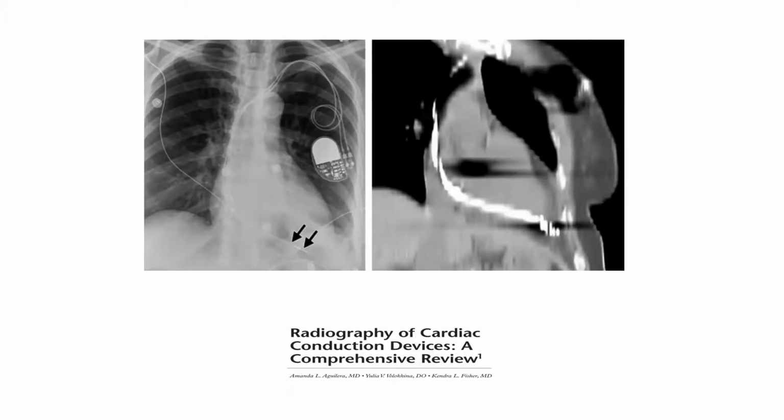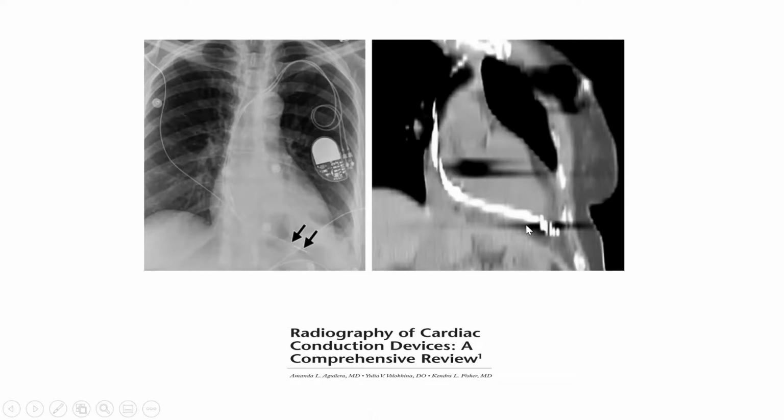And that's why you probably need to enhance your diagnostic accuracy by enlisting some other imaging tool. Or even in this one, if you request a lateral, it might be helpful. The lateral might give you a better idea. But they have done CT, and the CT has shown that the lead has perforated the RV.